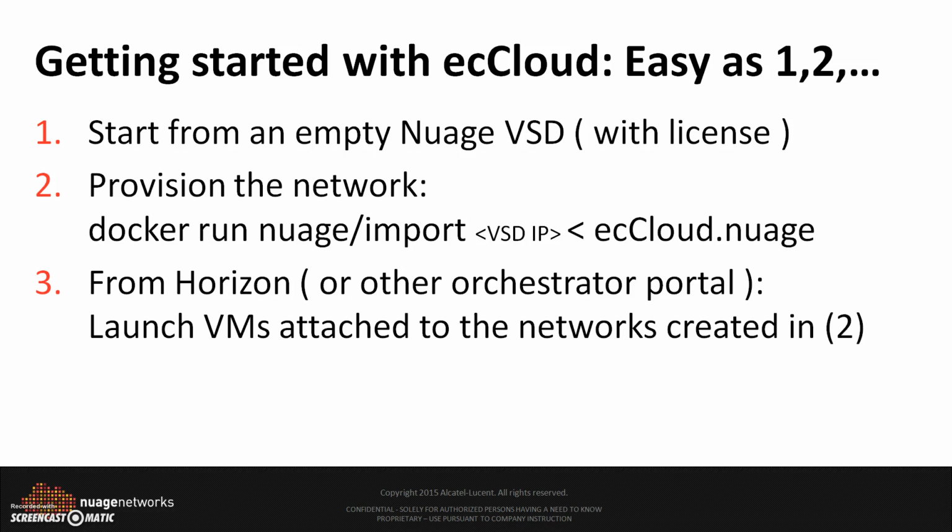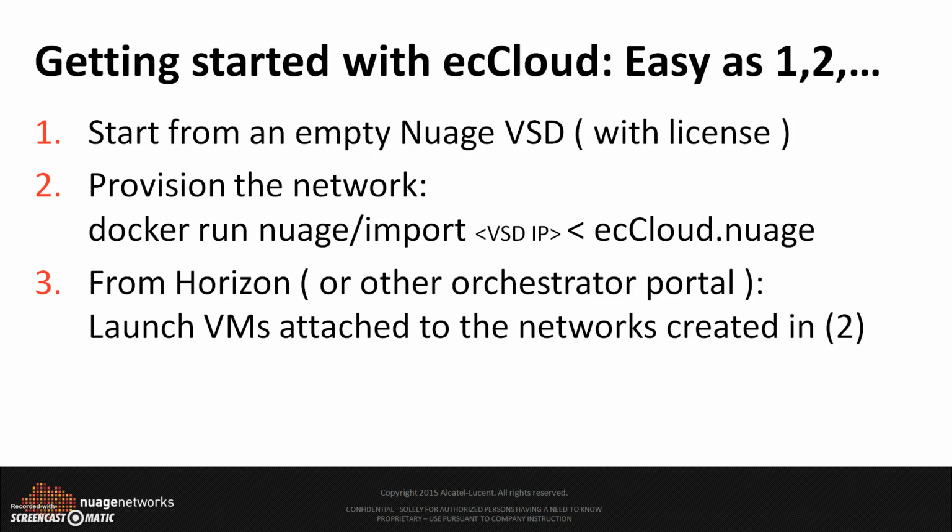And likewise, I have an empty OpenStack system, OpenStack Kilo. And then I'm going to provision the network using a script. Nuage SDN is fully automatable, fully scriptable using the API, and I've created a simple Docker container called nuage/import, which can read a JSON text file and populate the VSD database with the content of that file.